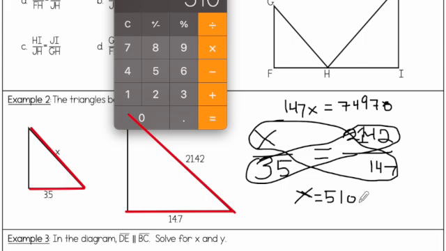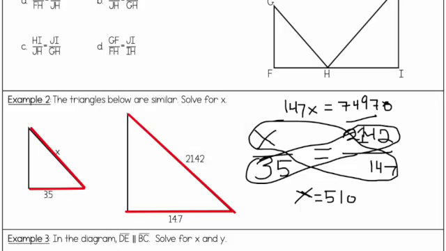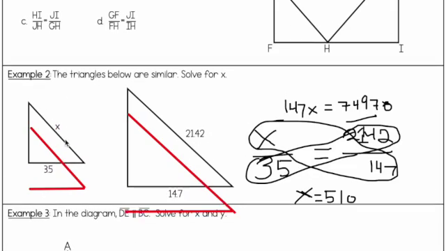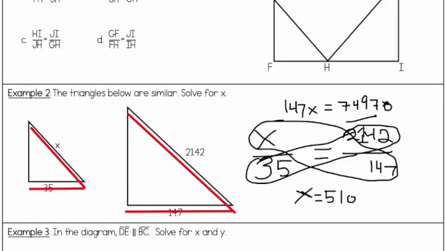Okay, so to check to see if that works, 510 times 147 should equal 74,970. Yep. So x is 510. I'm going to erase this.